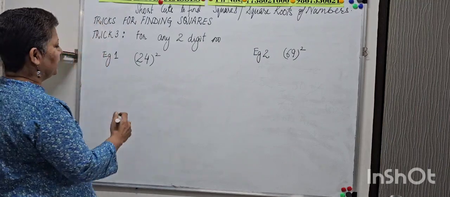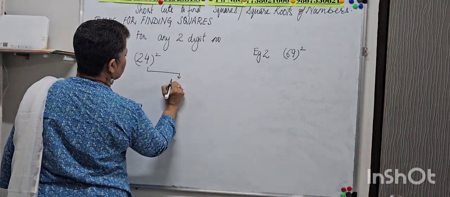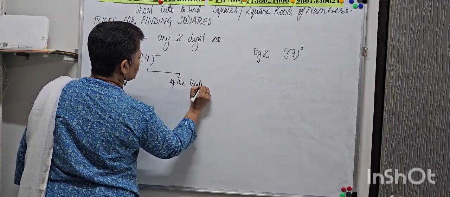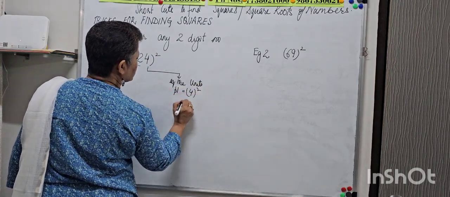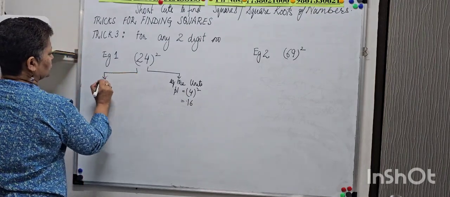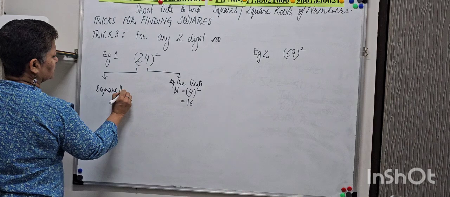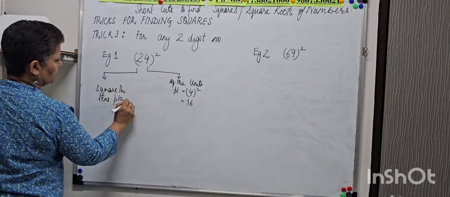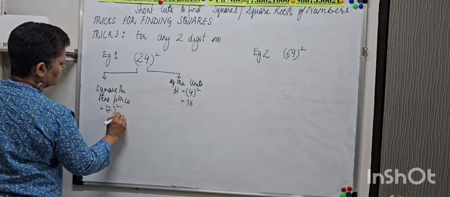Let's have a look. I pick up 24. So square the units place. So this is 4 square, which is 16. Square the tens place, which is 2 square, which gives you 4.